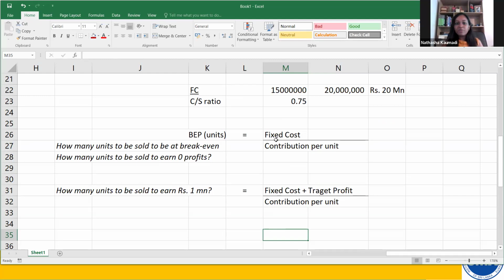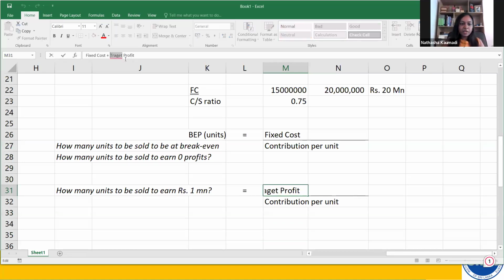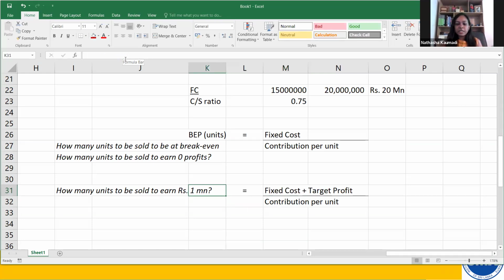At the break-even point, we don't have profits, so we didn't show that component in the formula. But if we really want to earn a profit, we include that as well, added to the fixed cost. So fixed cost plus target profit divided by contribution per unit gives you how many units to be sold to earn 1 million rupees.